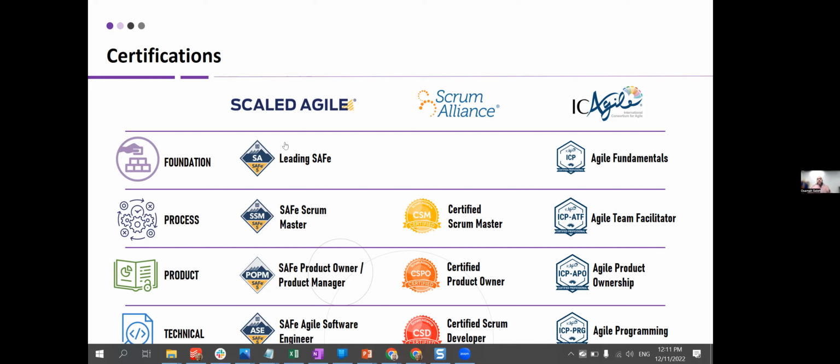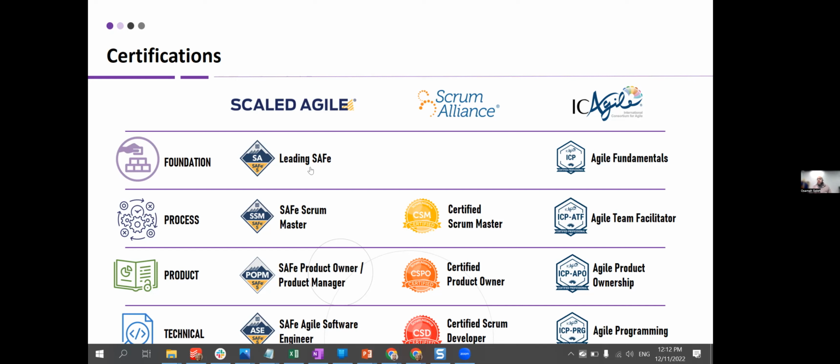So Leading SAFe provides you with that understanding of how we scale things, right? I recommend Agile Fundamentals more if you're not going to get too much into the scaling part. I recommend it also from a learning perspective. I think the Leading SAFe one is a little bit heavy.